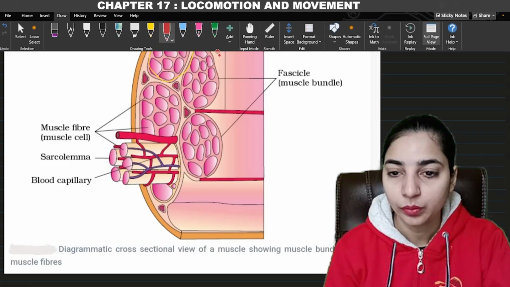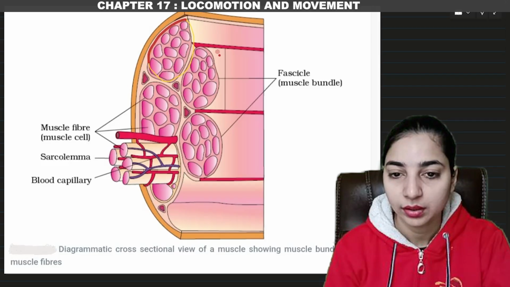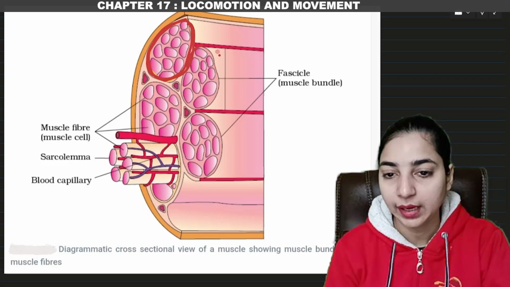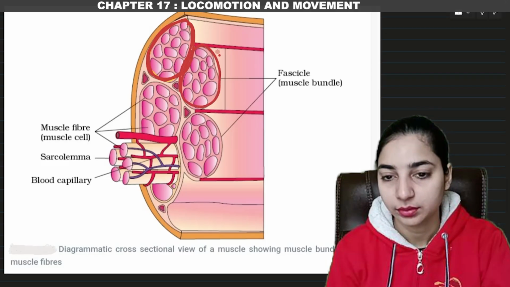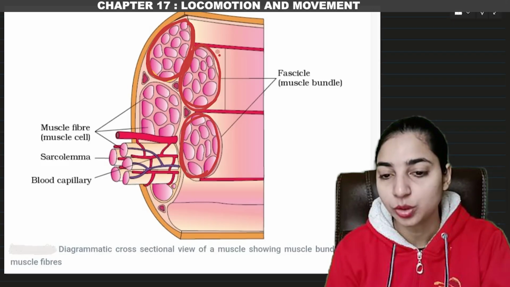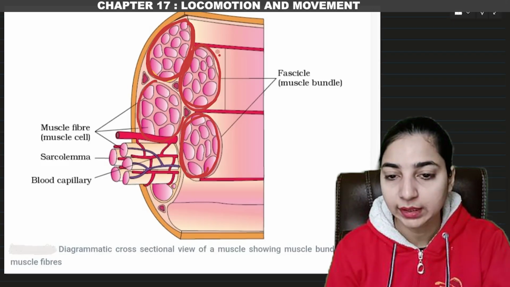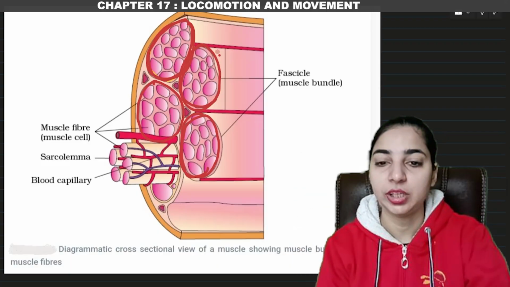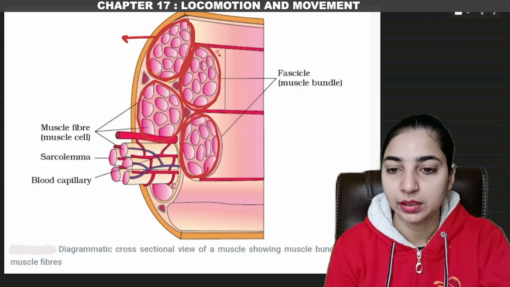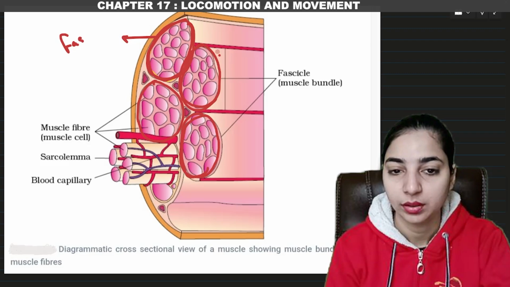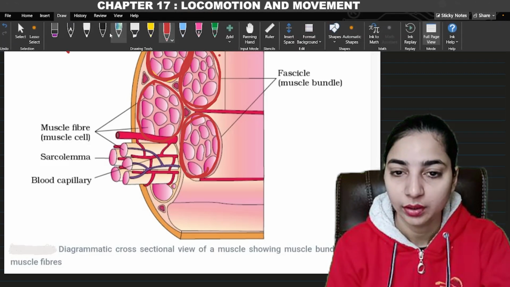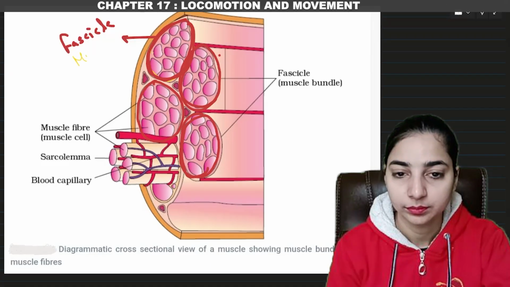So in red color, you can see this large oval part, then again this large oval part, and again, you can see these large oval portions which contain small pink oval shapes. So this large oval shape is the fascicle, or muscle bundle.